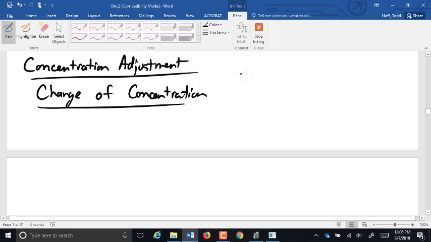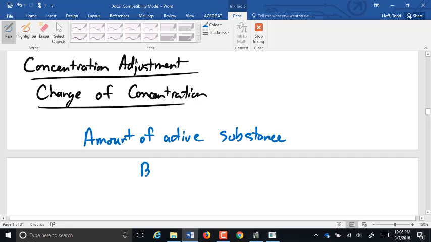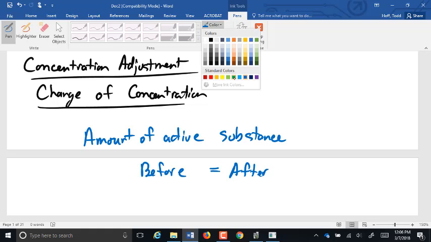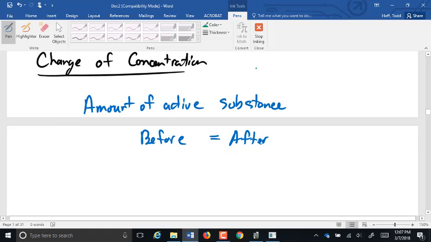And what that is telling us is the amount of the active substance before we dilute a material has to equal the amount after we dilute a solution. So what that's saying is the amount of the active substance before.